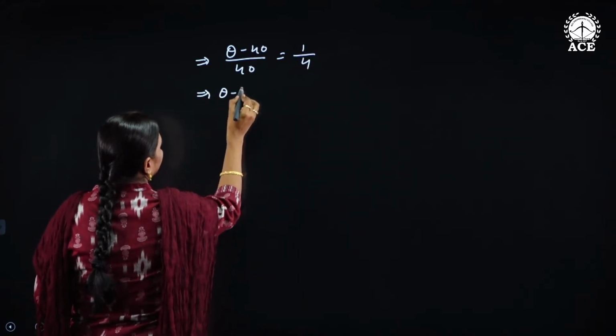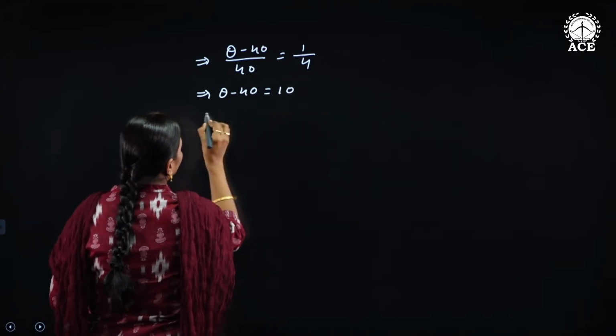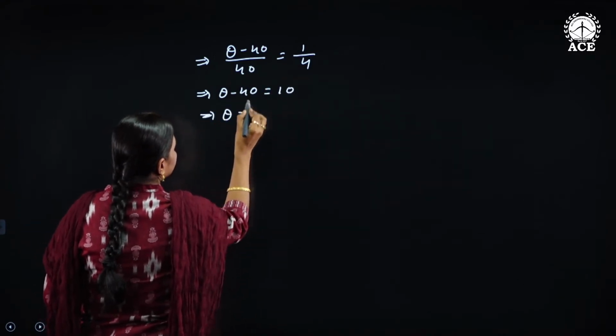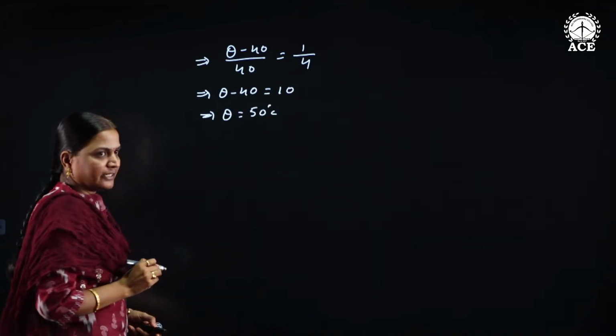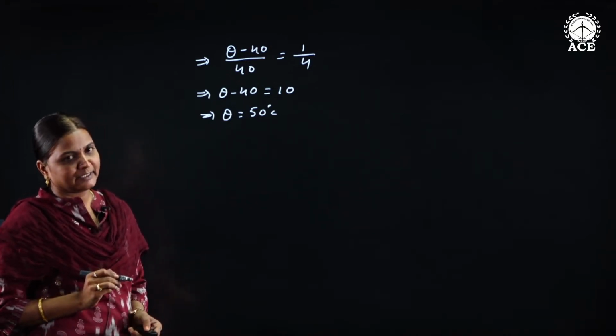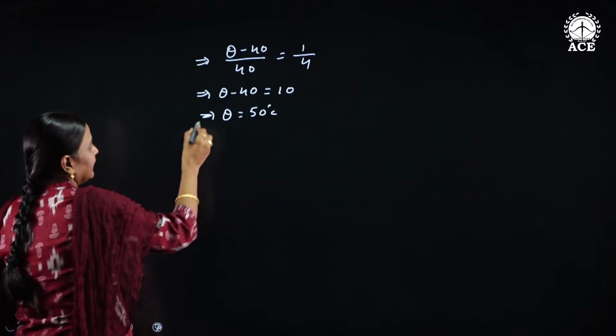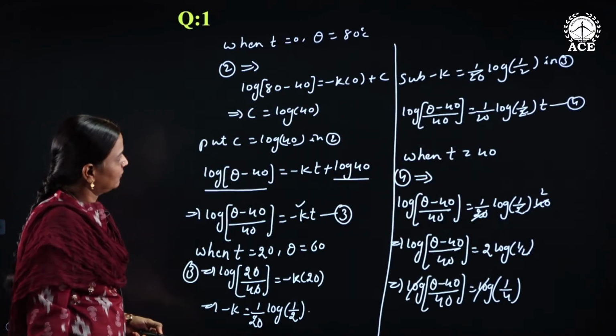This is theta minus 40 is equal to 40 by 4. So that is equal to 10. So that is theta is equal to 10 plus 40, 50 degree centigrade. So the temperature of the body will be 50 degree centigrade after 40 minutes. So this is the required temperature of the body. This is the solution.